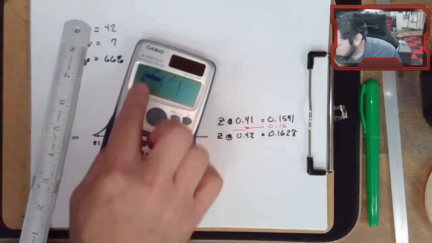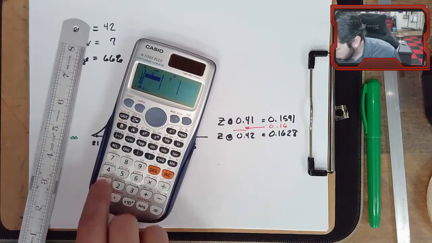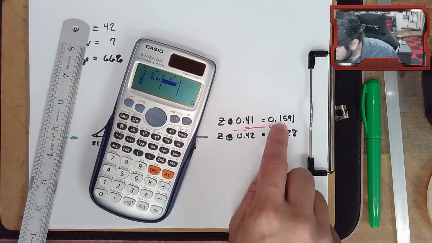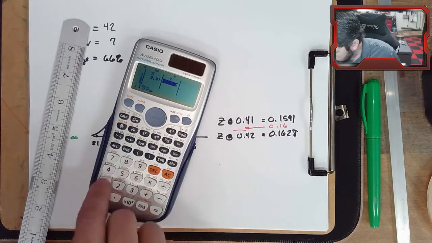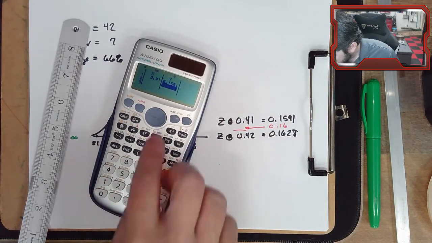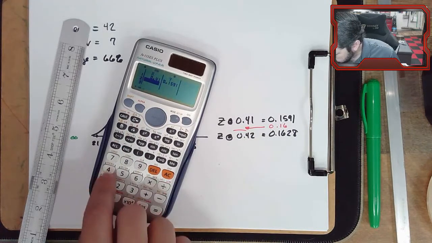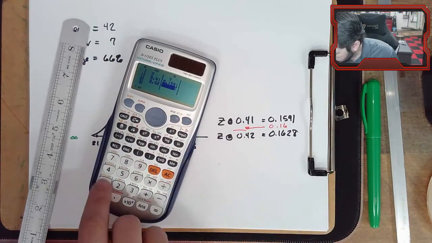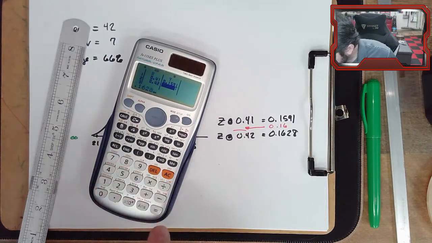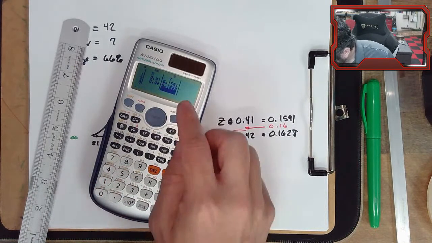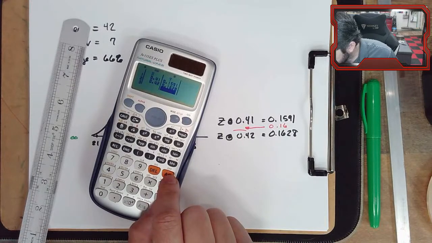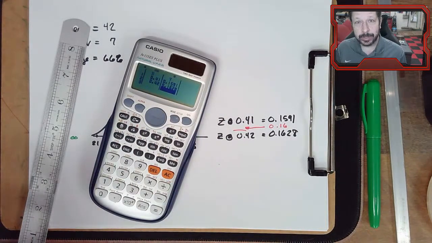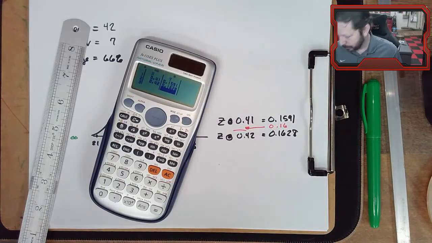And we need to fill in this chart with x of 0.41 corresponds, let's go over to that spot, to 0.1591. And then over here, an x of 0.42 corresponds to a y of 0.1628. Okay, we can accept that. That's basically putting in the two x and y coordinates so it can do a linear interpolation between the two of them.